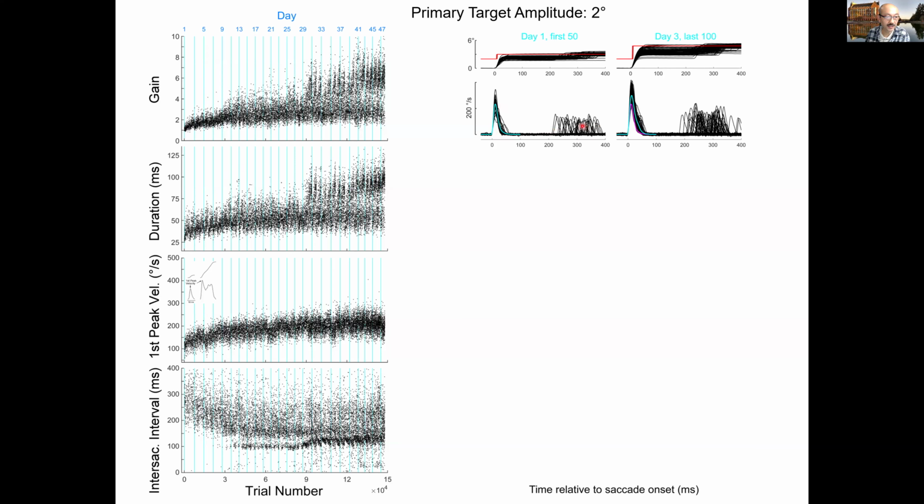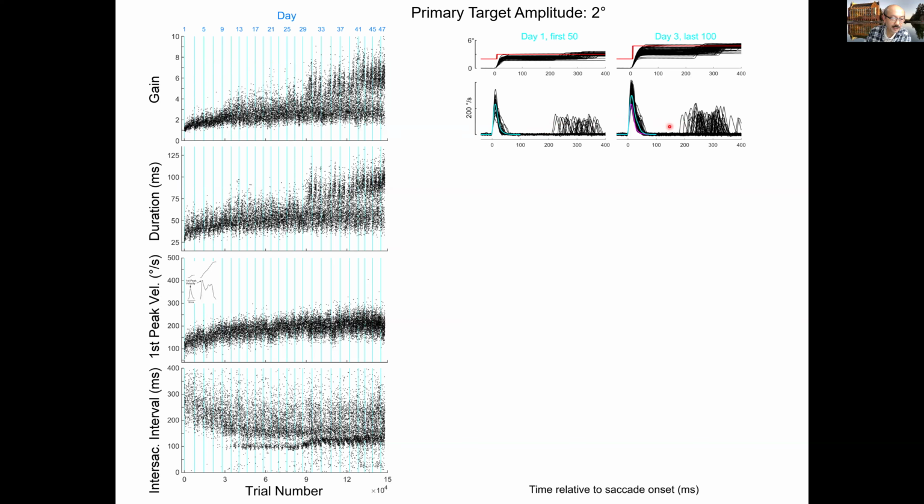But at day 3, in the last 100 saccades, there is a big increase in peak velocity, followed by a duration increase too. The pink traces are always from the previous plot. There is not much change in the latency of the corrective saccades, but a few are earlier than those in day 1.